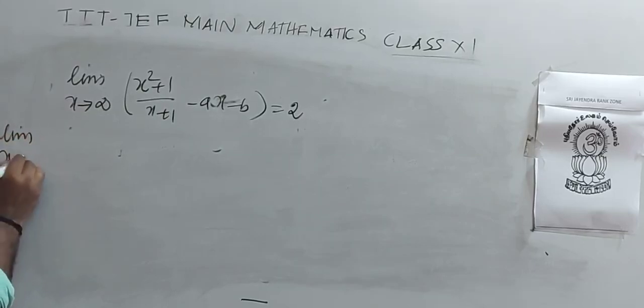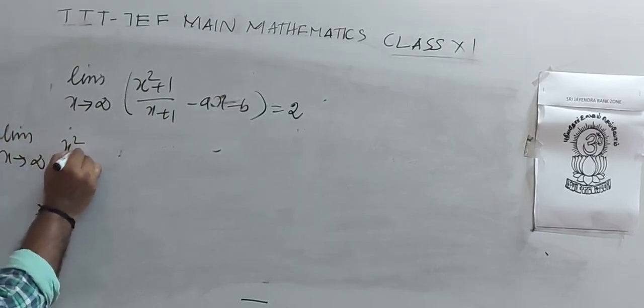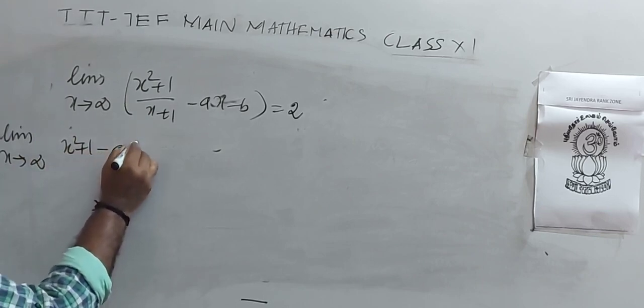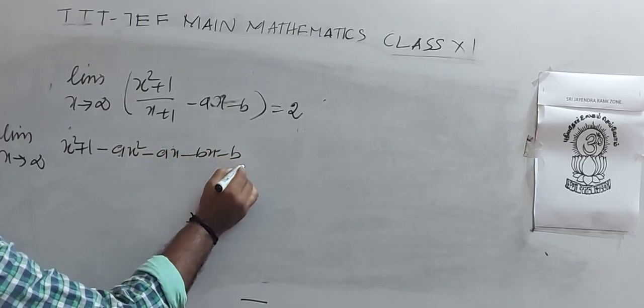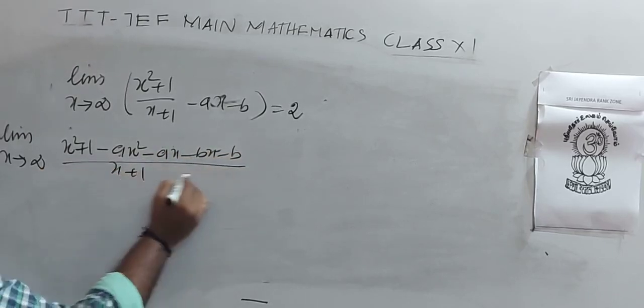The limit as x tends to infinity of (x² + 1 − ax² − ax − bx − b)/(x + 1) equals 2.